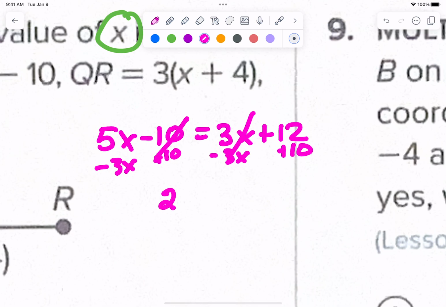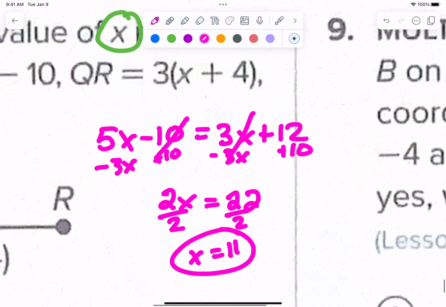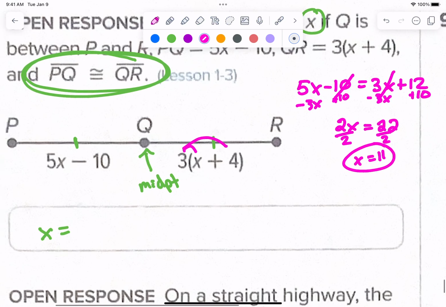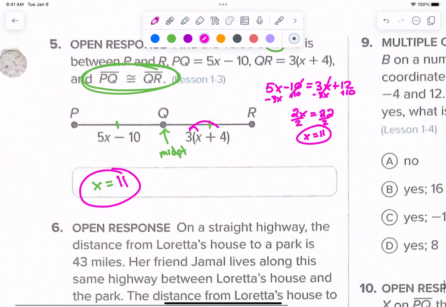Okay, that's 2x equals 22. And divide by 2. X is 11. Okay, is that the answer? Yes. Yeah, because we didn't have to plug back in, right? X is 11, that is all. Okay, read instructions carefully. If I don't know if he's the midpoint, I gotta do something else, right?